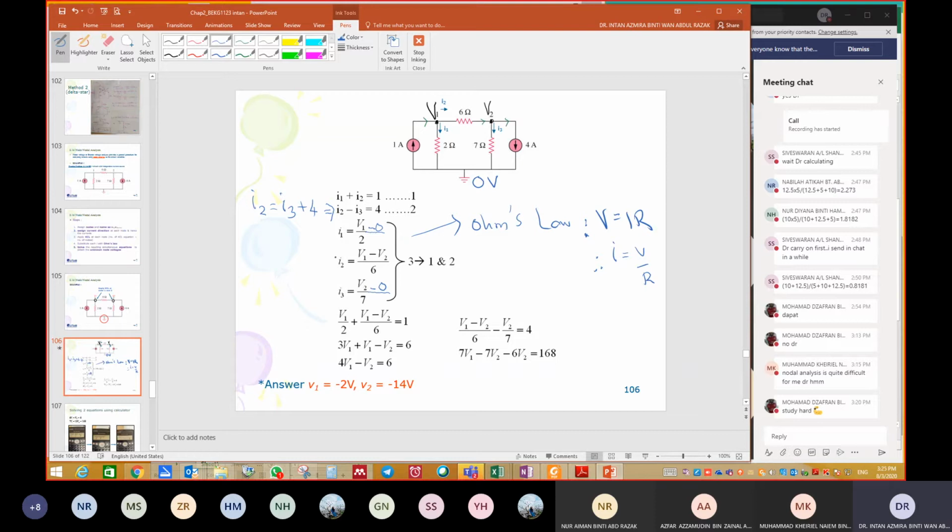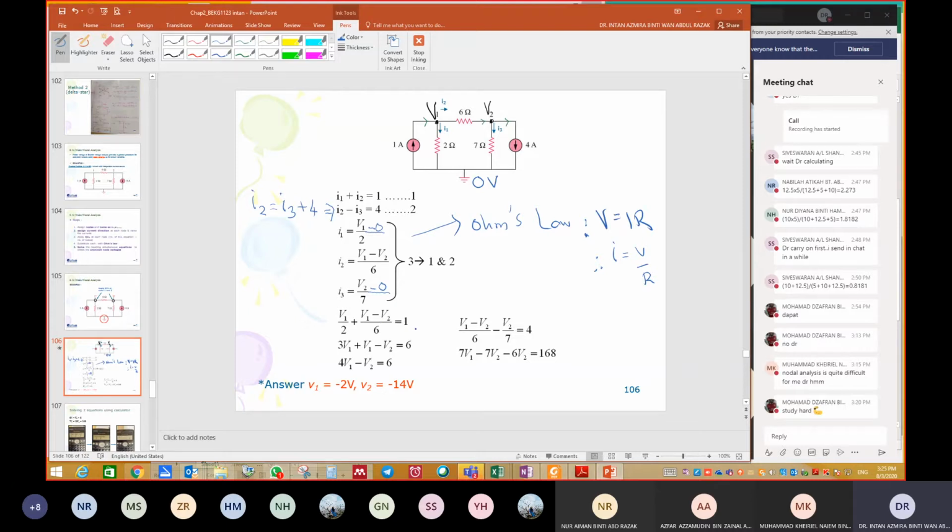Now substitute all the I definitions into the KCL equation. I1 is equal to V1 divided with 2, plus I2. I2 is equal to V1 minus V2 divided with 6, equal to 1.